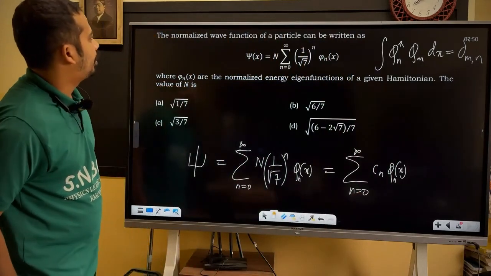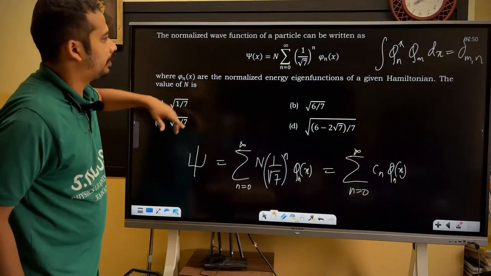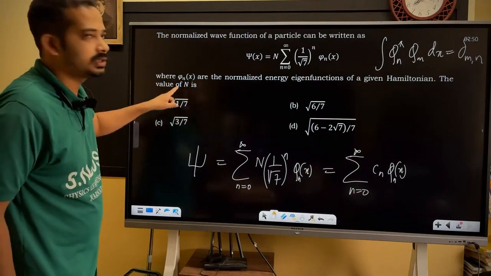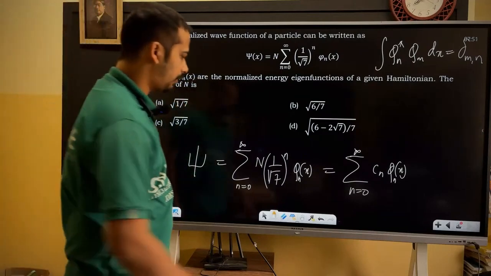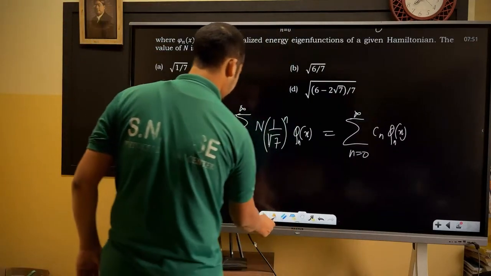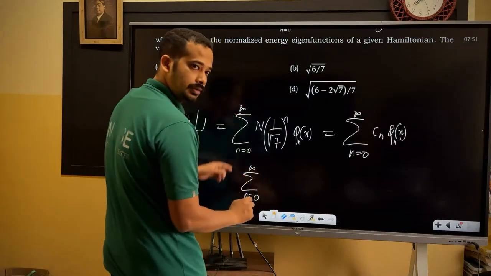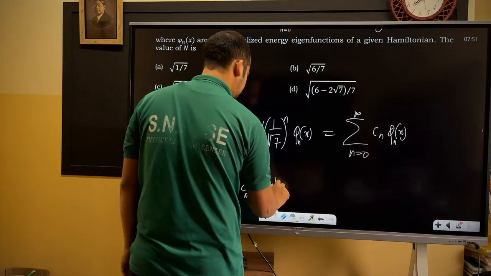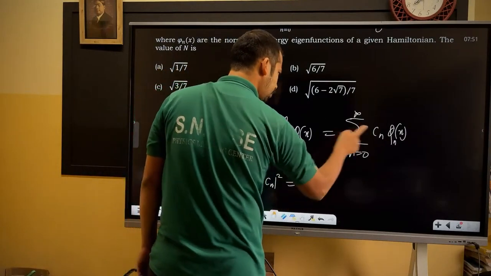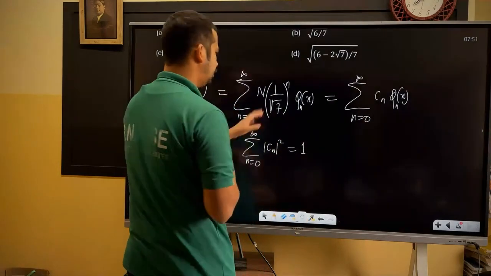This is a normalized wave function. If it is normalized, what is the normalization condition here? Summation over n equal to 0 to infinity of mod c n square equal to 1. In place of c n, you have this one.